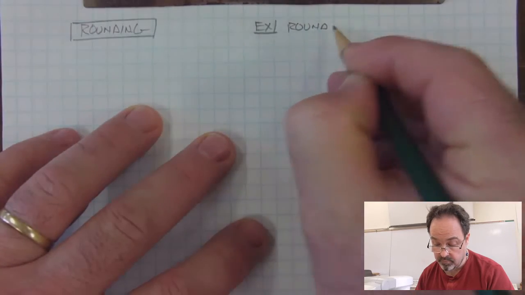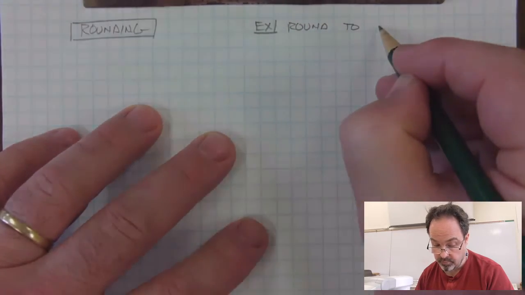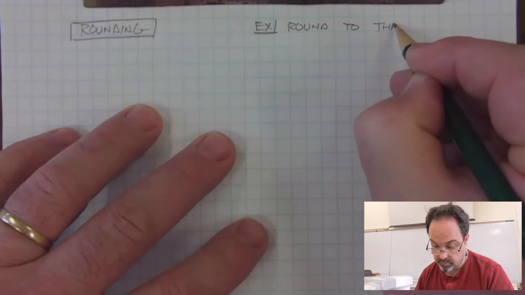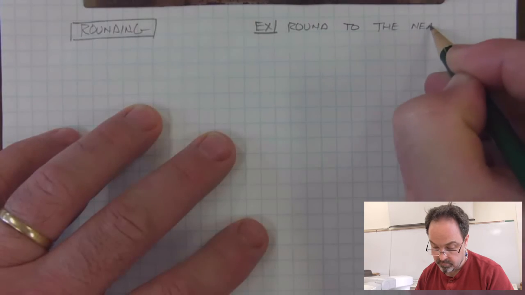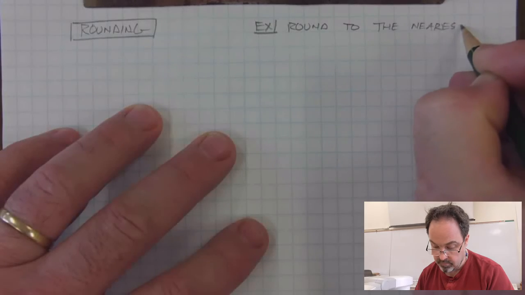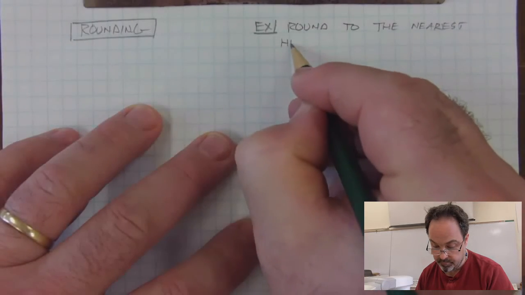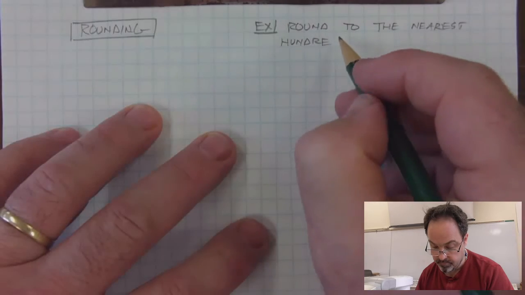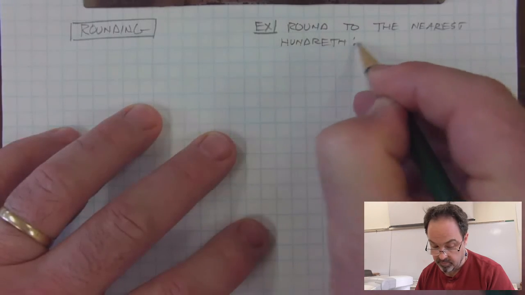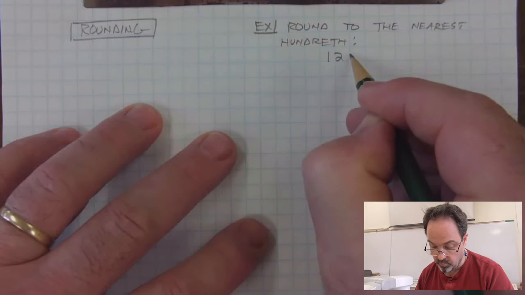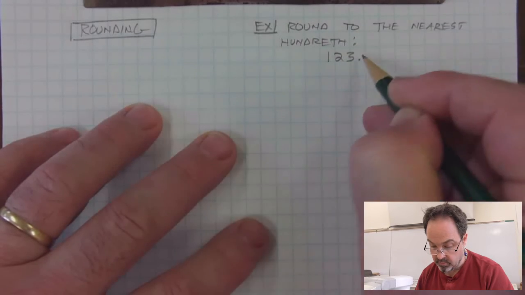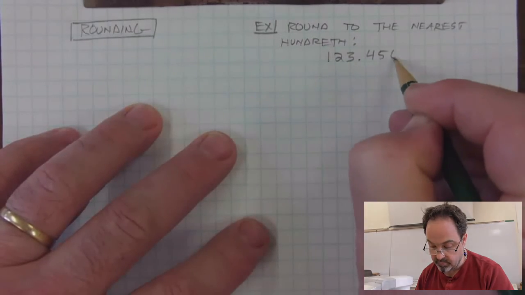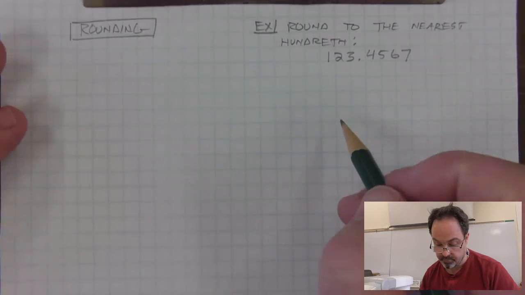We could be asked to round to the nearest hundredth and be given a number to work with, 123.4567 in this case.